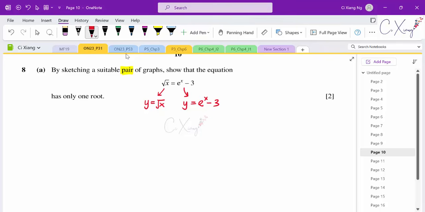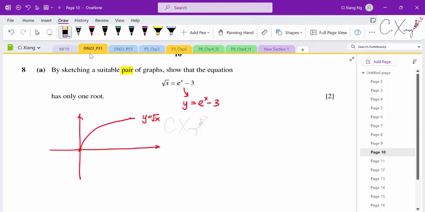Okay, so y equals to square root x, it is quite easy to sketch. By right, it should be something like this. Okay, then this is y equals to square root x.